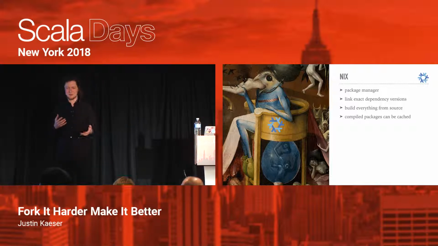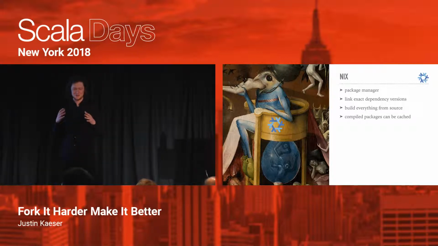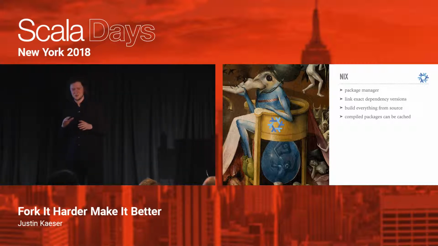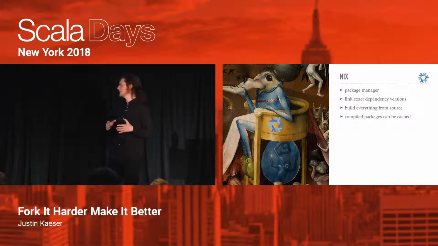So, like Bazel and whatever, you fully specify your inputs. You make an isolated environment where all your environment variables are defined externally, so you don't depend on magic things outside, and build everything from source. And again, you can cache these output packages.